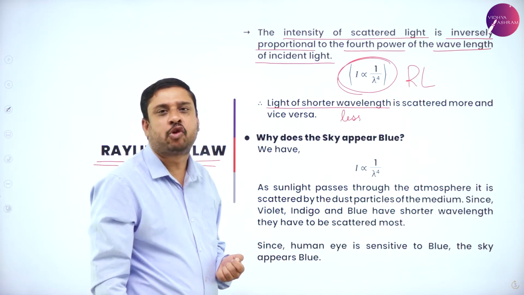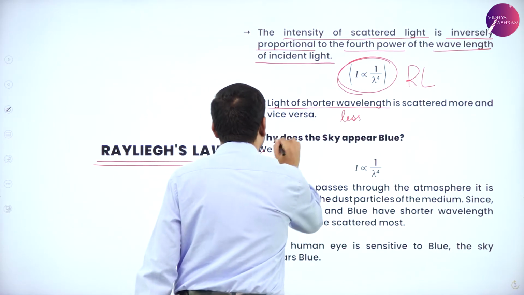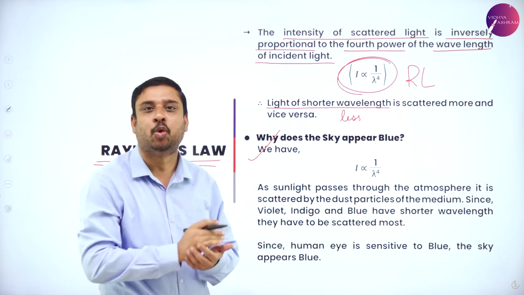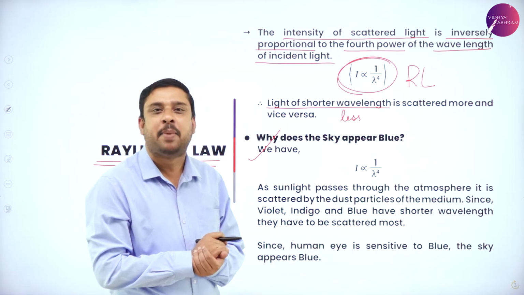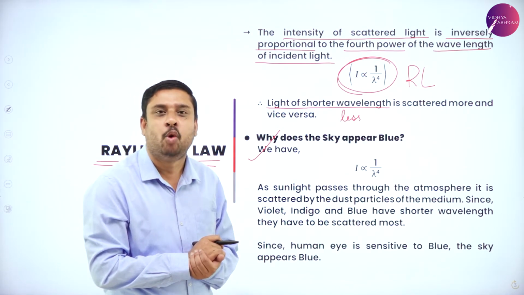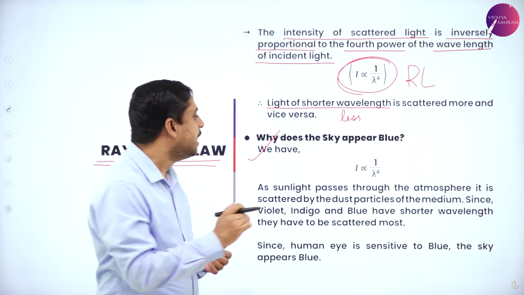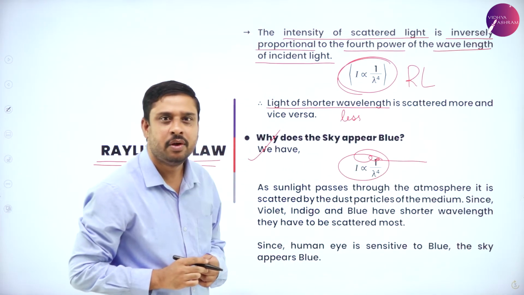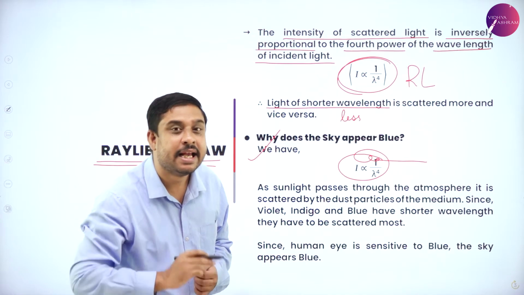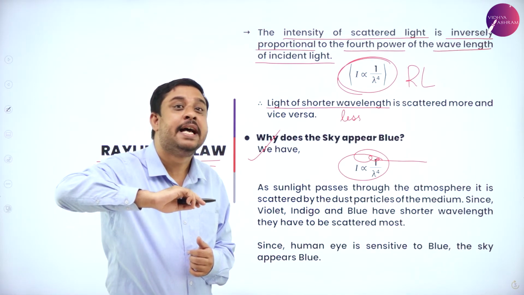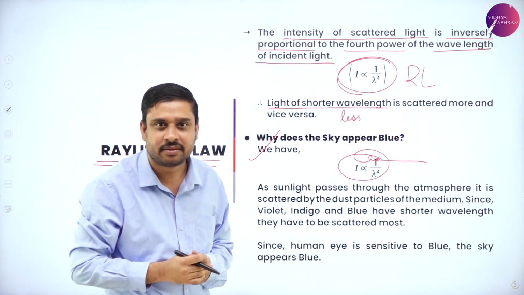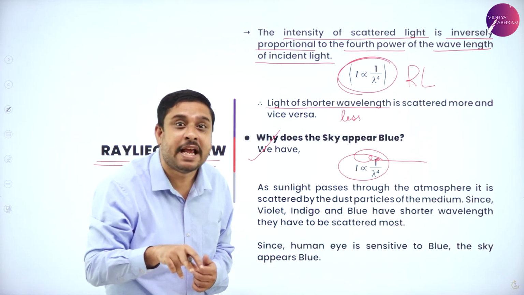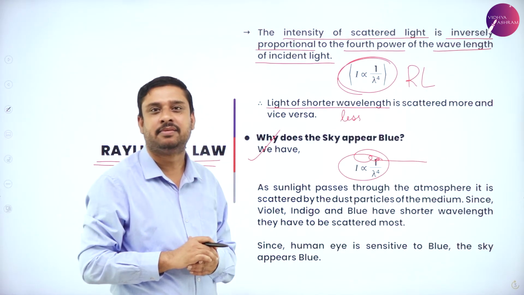Now, the question that we have to answer now is, why does the sky appear blue? What is the basic cause for the blue color of the sky? And the answer is from Rayleigh's Law. What does Rayleigh's Law say? Intensity of scattered light should be inversely proportional to wavelength of incident light.